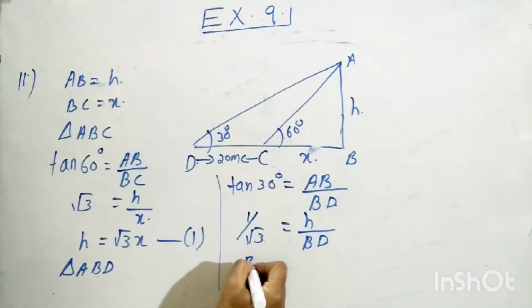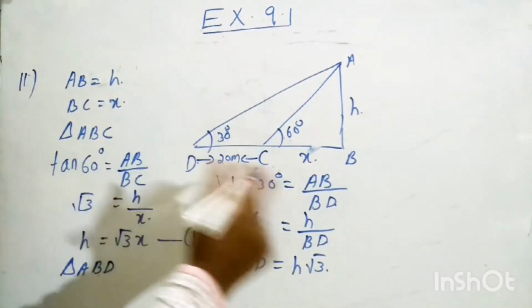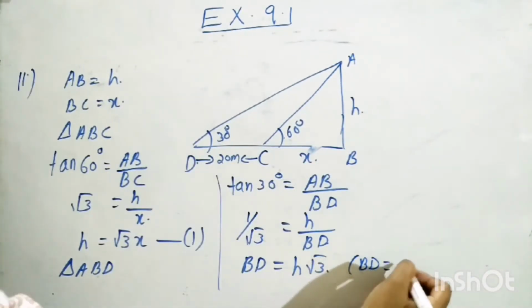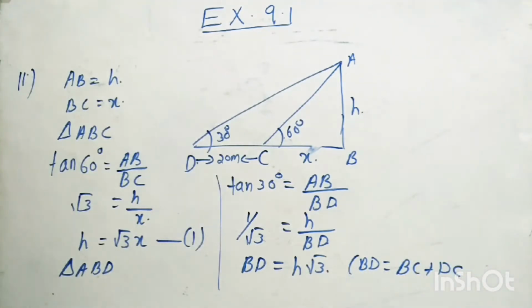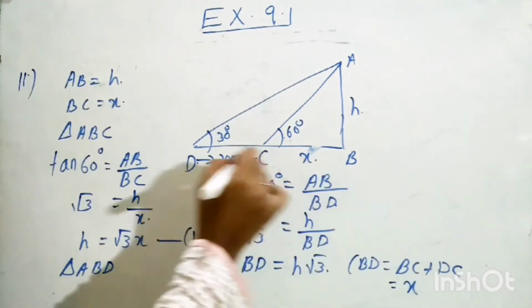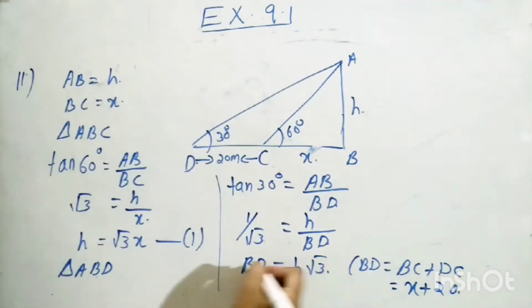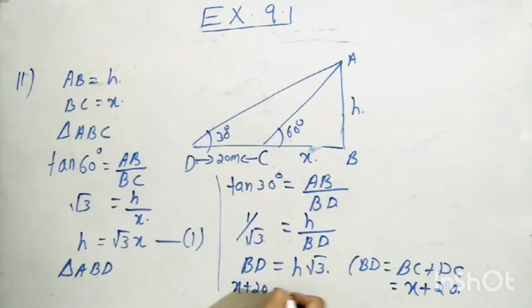From this we get BD is equal to h root 3. And what is this BD actually? We can write BD as BC plus DC. BC is our x and DC is 20. So BD is x plus 20. So x plus 20 is equal to h root 3.